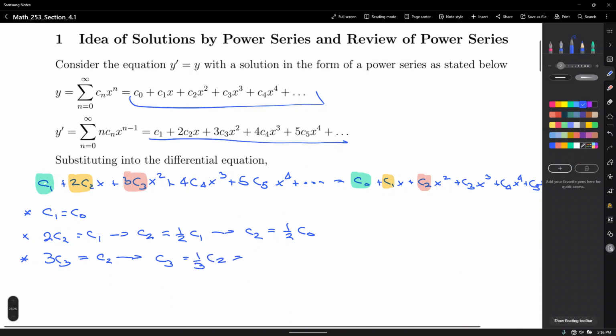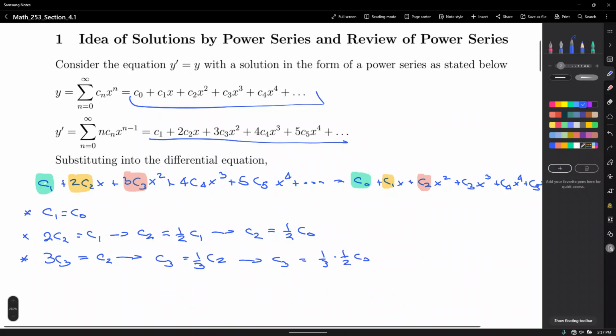But what is c2? From before, 1 half C0. So we get coefficients that depend on the previous one. This implies C3 equals 1/3 times whatever C2 is, which is 1 half C naught.